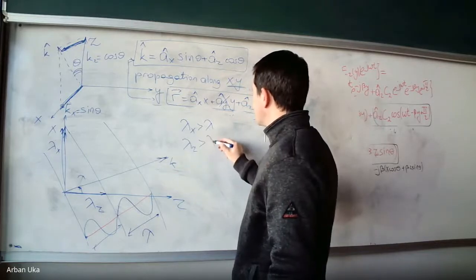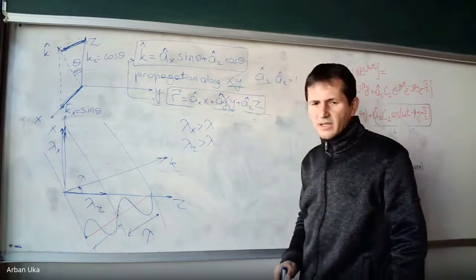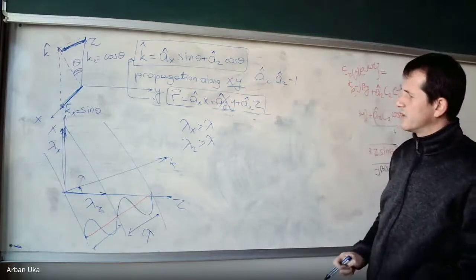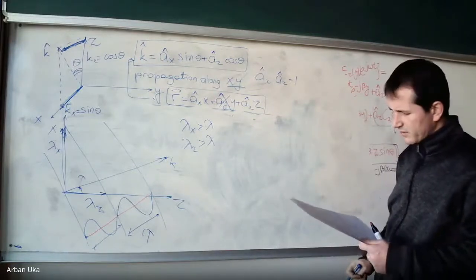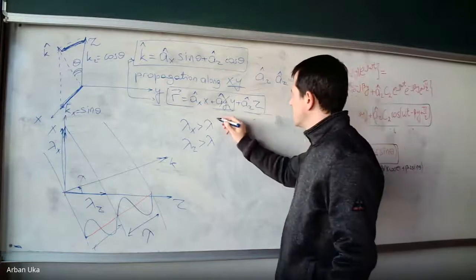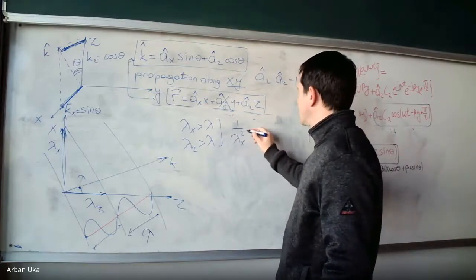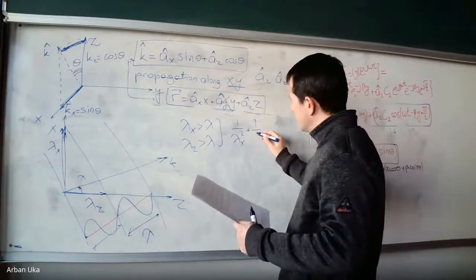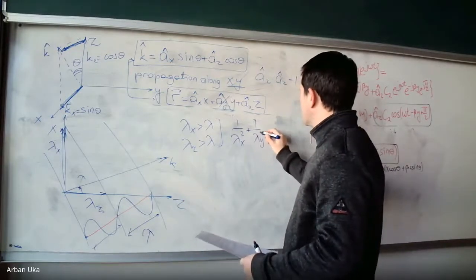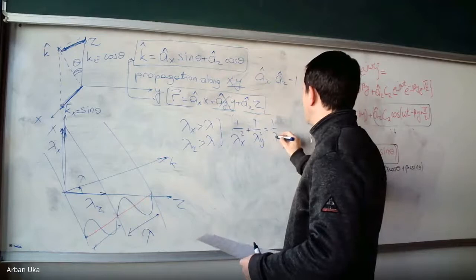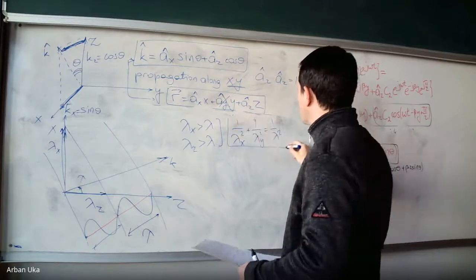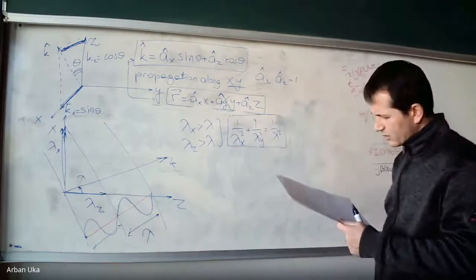So the projection lambda z is also larger than the wavelength of the electromagnetic wave itself. And in this case, we can write the following: 1 over lambda x squared plus 1 over lambda z squared is equal to 1 over lambda squared. So this is how they are related together.